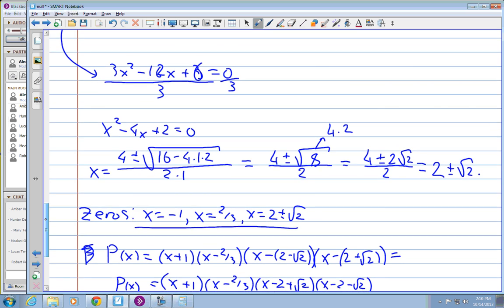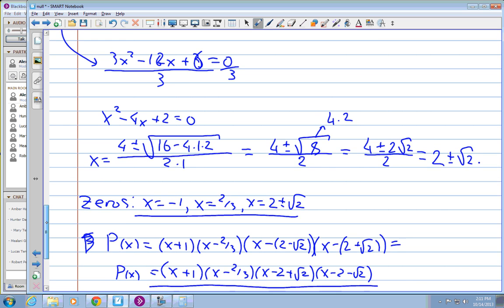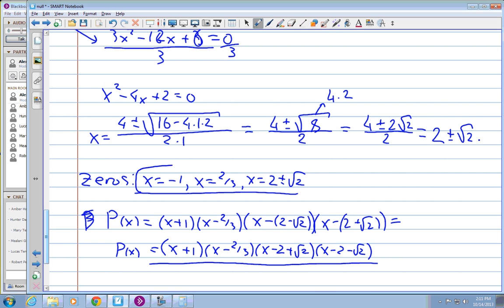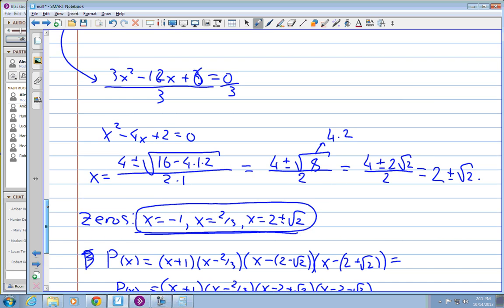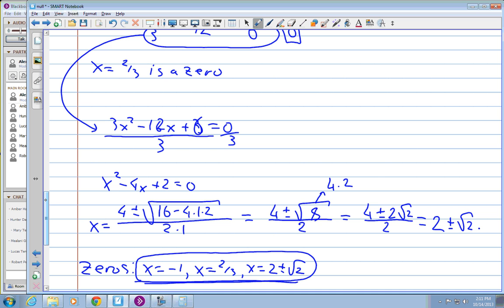So on this last question, I actually have to be a little more careful. We found the zeros. This is all good, okay? But here, when I was solving for x, when I divide both sides by 3, that's all legal.